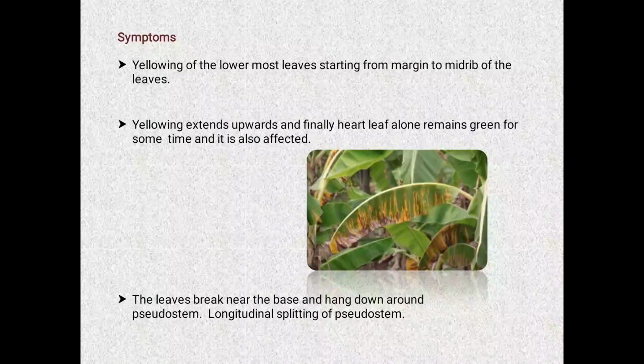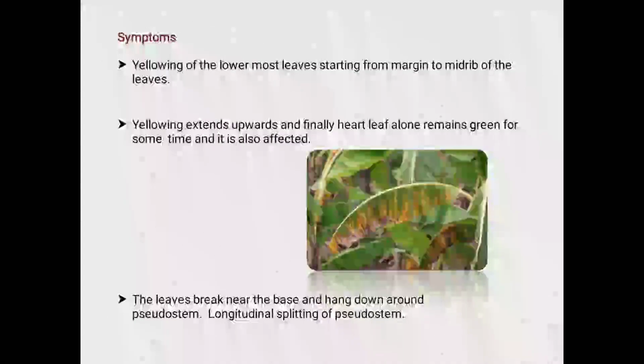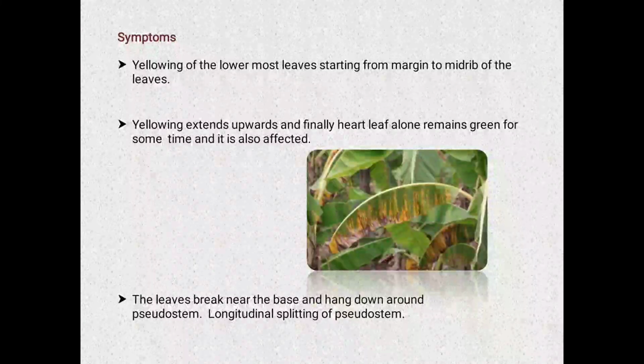It initiates from the margins and gradually spreads towards the midrib. The next symptom is that only the heart leaf remains green, but in severe cases it can also turn yellow. Then the last symptom is the longitudinal splitting of the pseudostem.